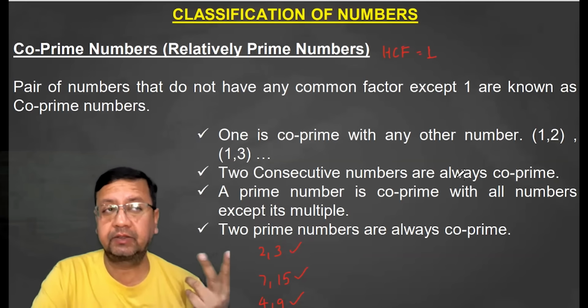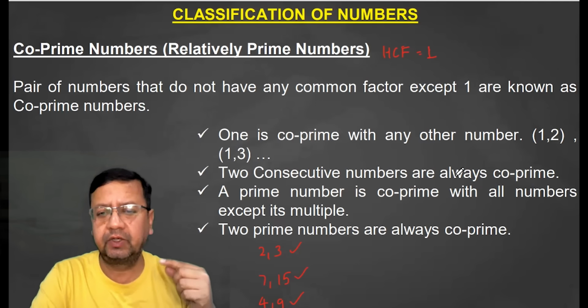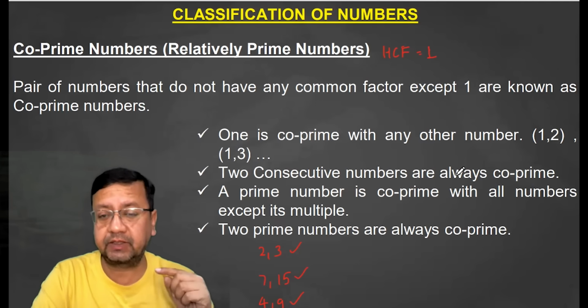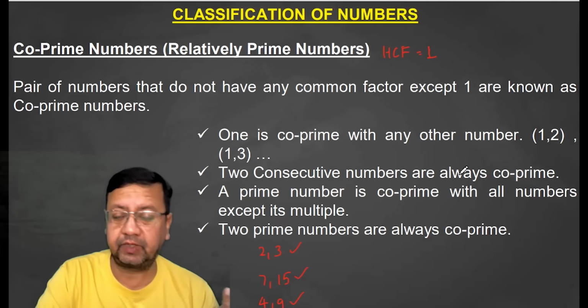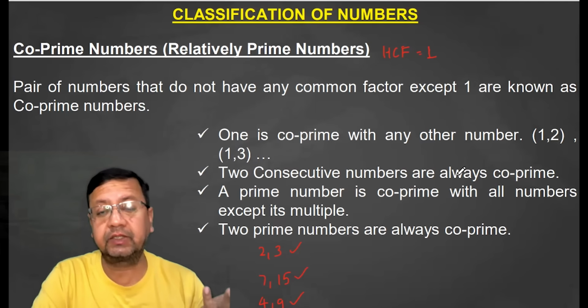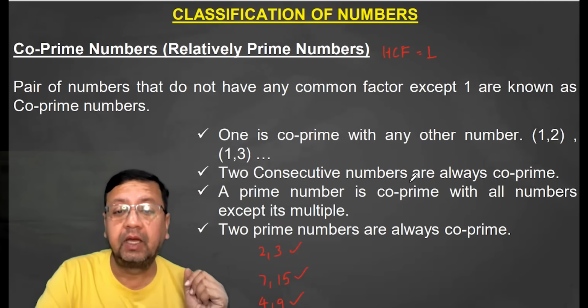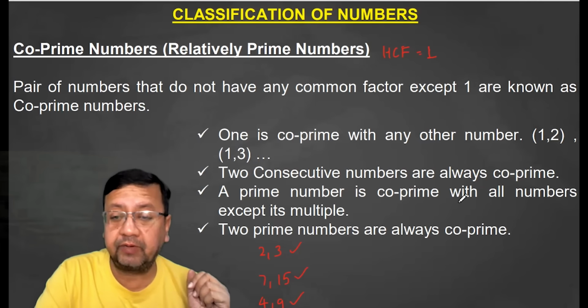Yes, because say 1, 2; 2, 3; 3, 4; 4, 5; 5, 6. One is even, one is odd. So if one is even and one is odd, what is the highest common factor? 1. So they are always co-prime. A prime number is co-prime with all other numbers except its multiples. So just understand this. If I say 3, right?